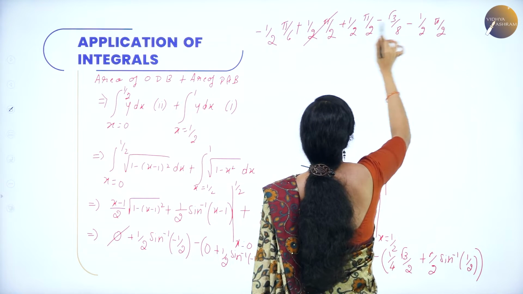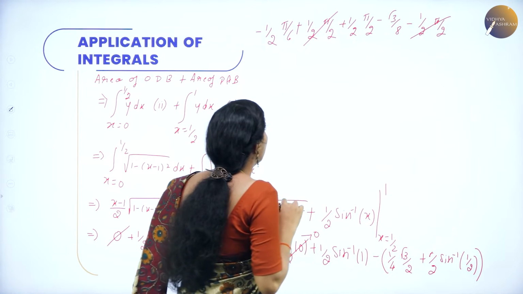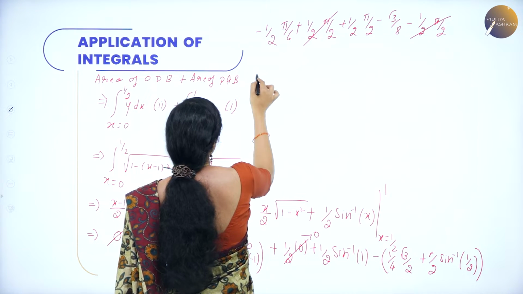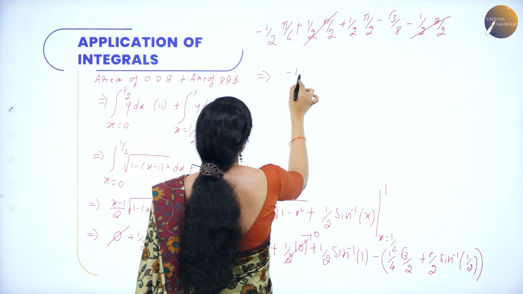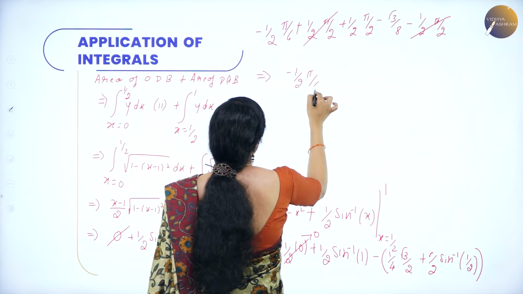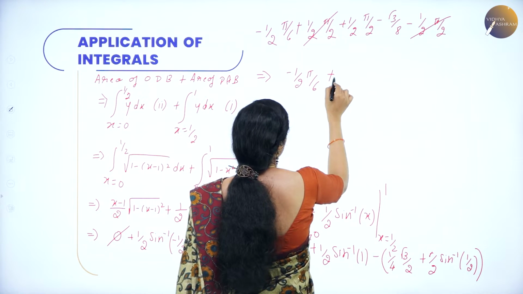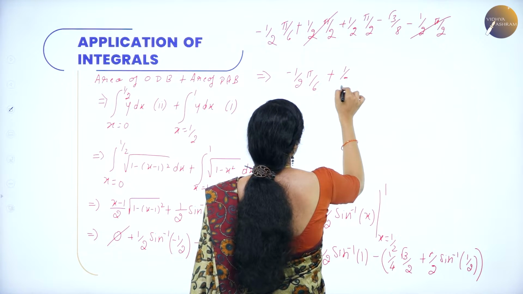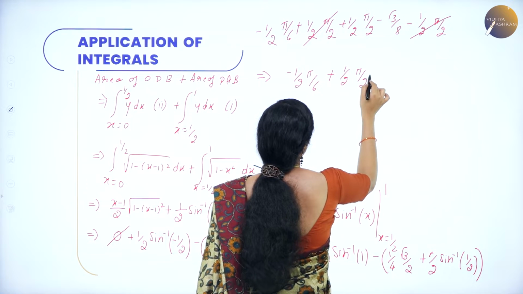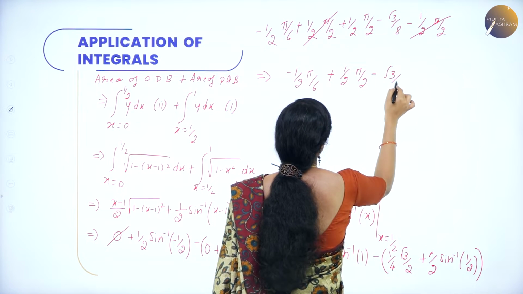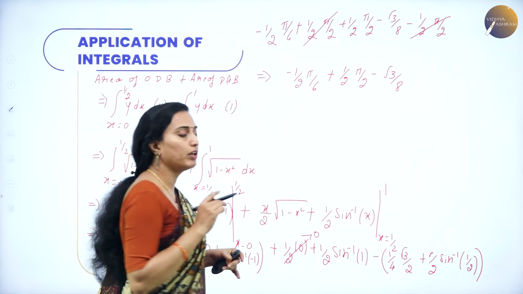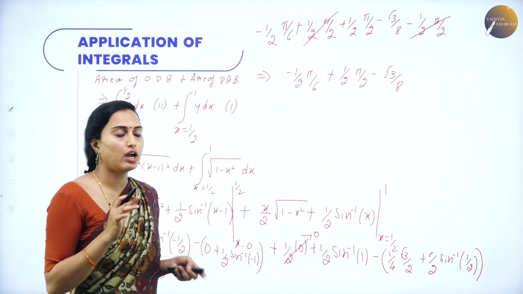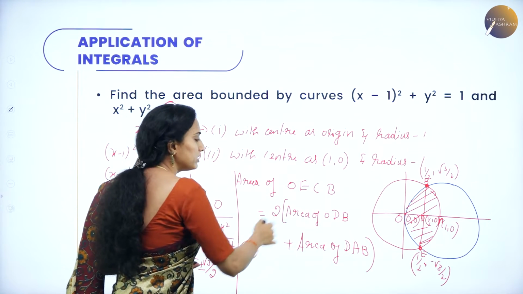So your plus half pi by 2 and minus half pi by 2 will get cancelled. You are going to remain with the answer, which implies that minus half into pi by 6 plus 1 by 2 into pi by 2 minus root 3 by 8. Okay, you need to multiply this 2 times because the area will be equal to 2 times.